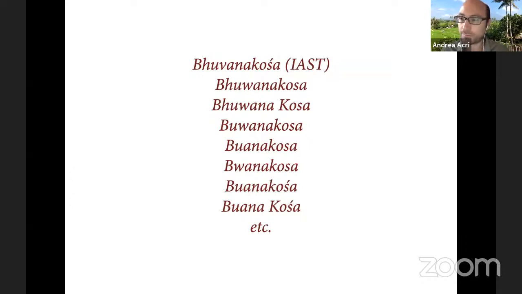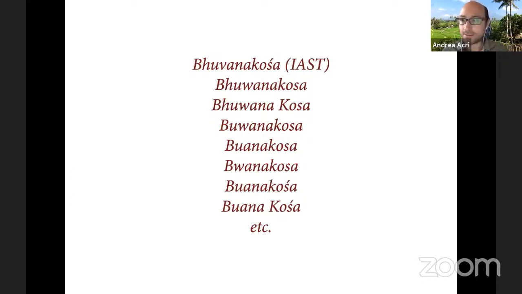As a philologist, as a person working with text, I need to search and retrieve exact matches. And here are all the possible alternative spellings in which this text is known in Bali, has been copied, transliterated.